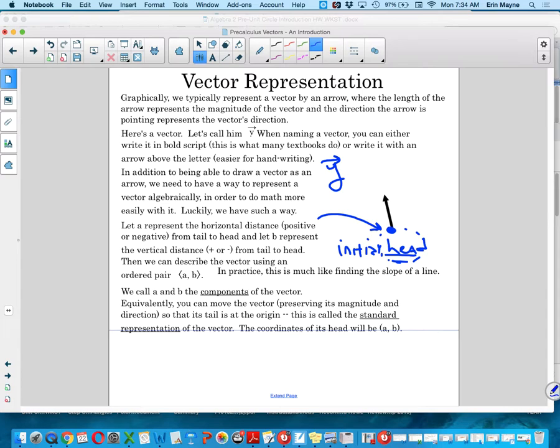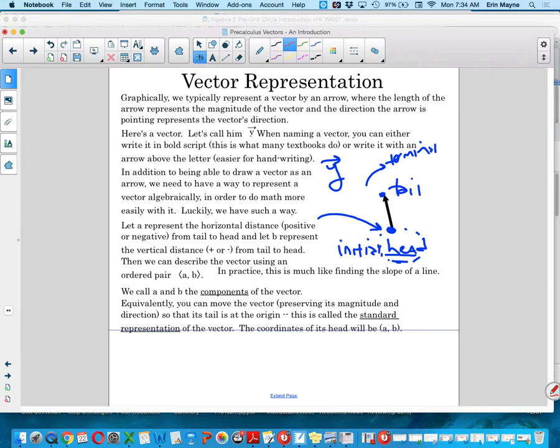And wherever it stops is correspondingly its tail. This should sound like angles, we're going to also reference this as the terminal side of the vector. And with any given vector, it has both horizontal distance, positive or negative, as well as vertical distance, also positive or negative. And it's always from the tail to the head.